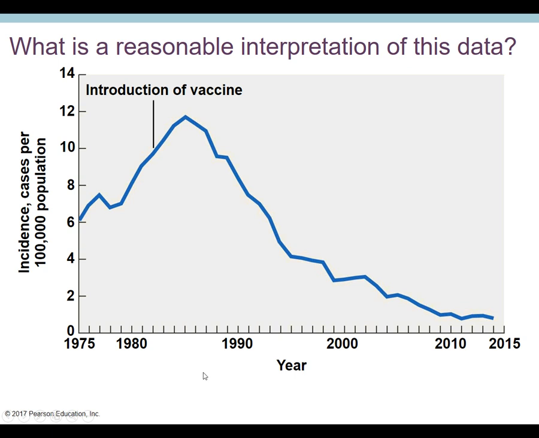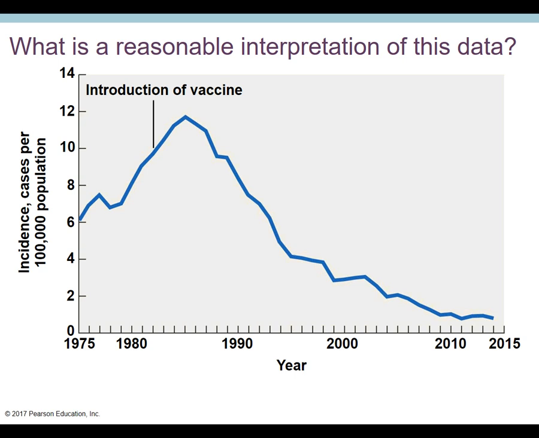You know, when the MMR vaccine was introduced, and we'll look at MMR in chapter 25, the incidence of measles, mumps, and rubella went down dramatically. So it very likely means the vaccine worked and it was effective at reducing the incidence.